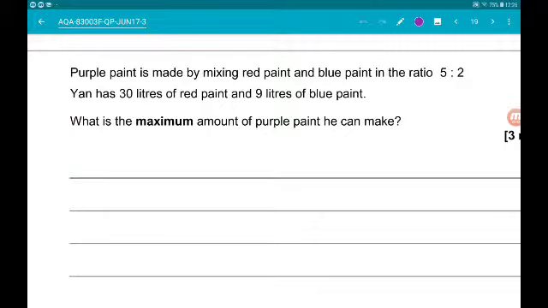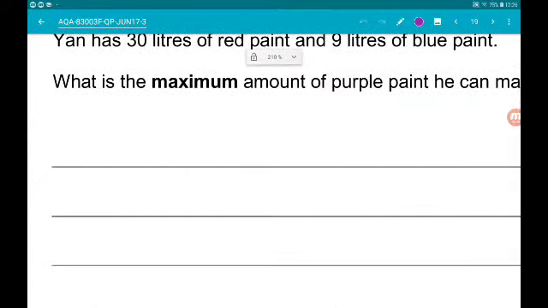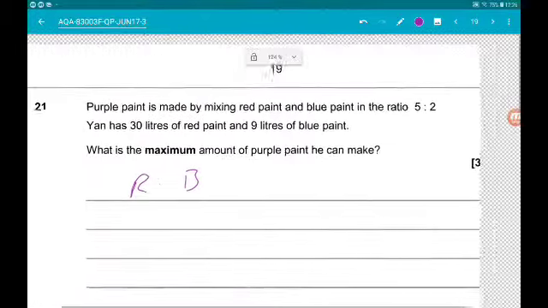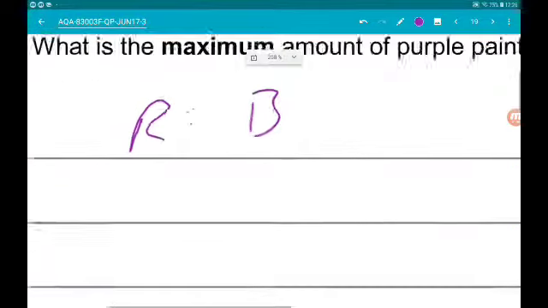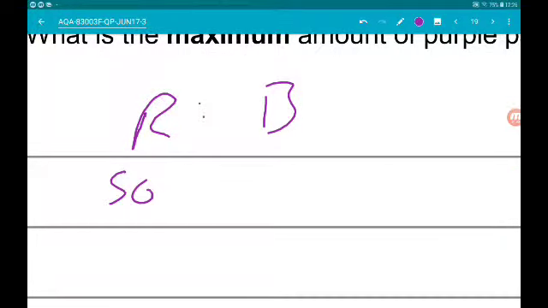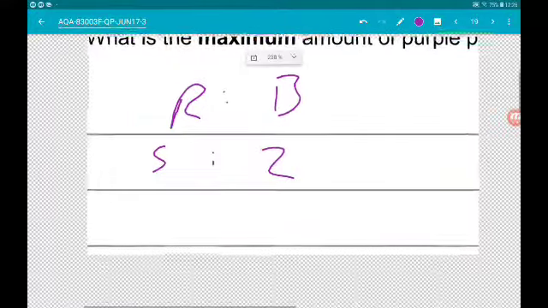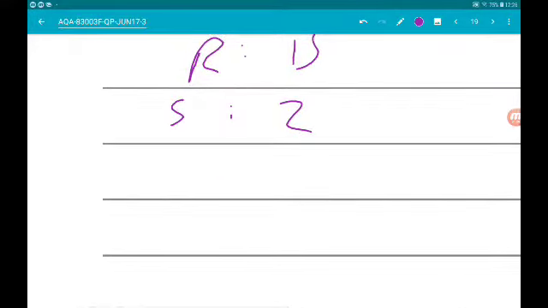So let's write the ratio, so we know we need red to blue in the ratio 5 to 2. Now we know that Jan has 30 litres of red paint. So let's see what happens if he tries to use all of his red paint.